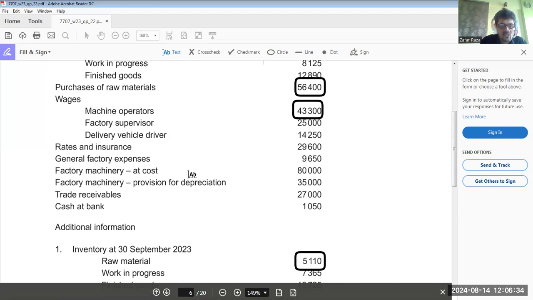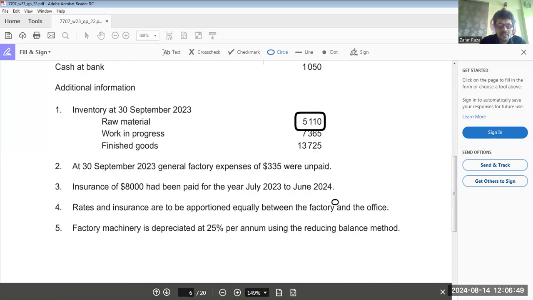Okay. Next, rates and insurance 29,600. But we have to find out here any adjustment. Insurance of $8,000 had been paid for the year July 2023 to June 2024. So what we have to do here: insurance was paid in July 2023.